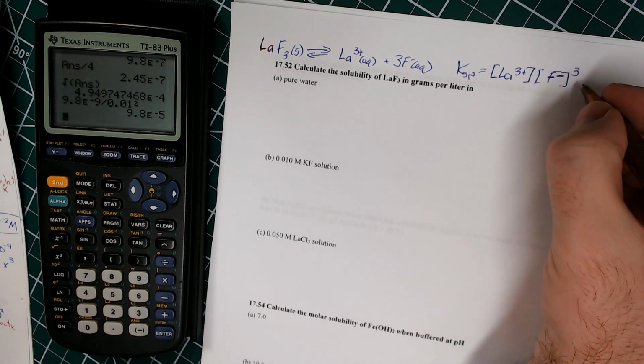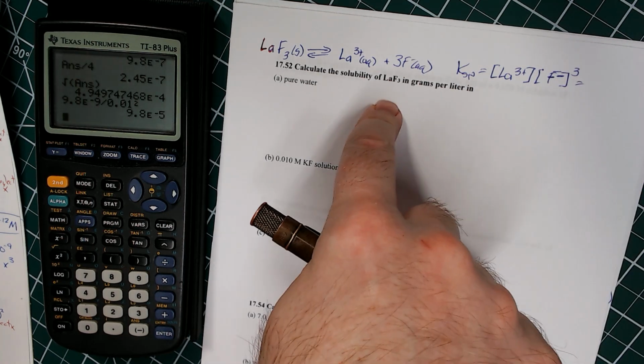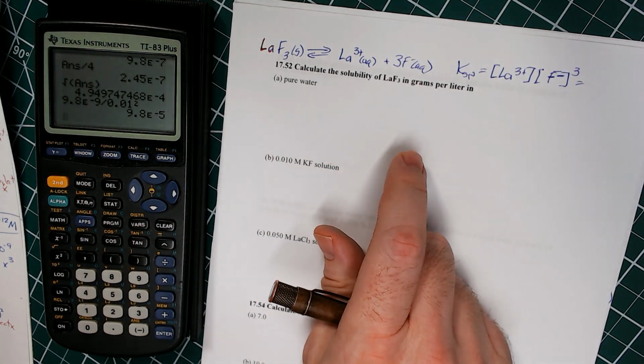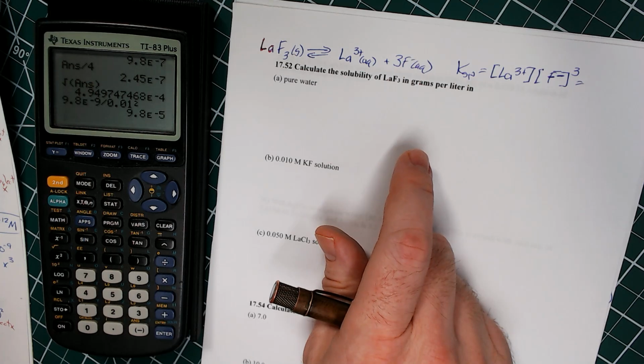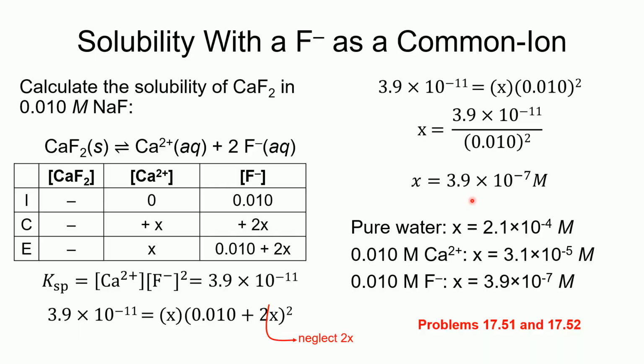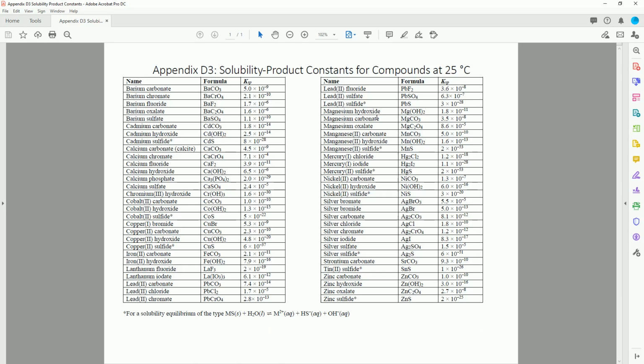And we're going to need the value, so we'll look up lanthanum fluoride here. Lanthanum fluoride, 2 times 10 to the negative 19. So 2 times 10 to the negative 19.